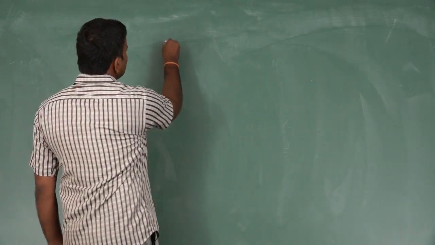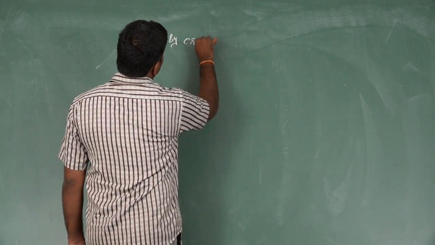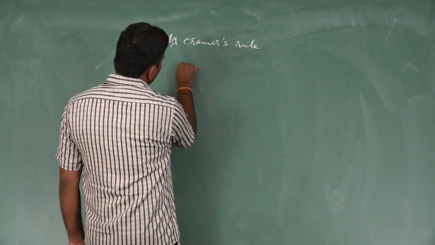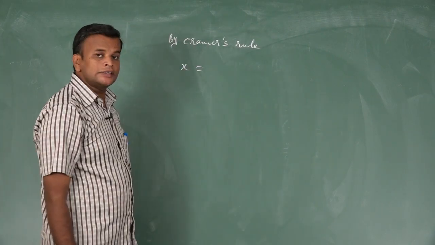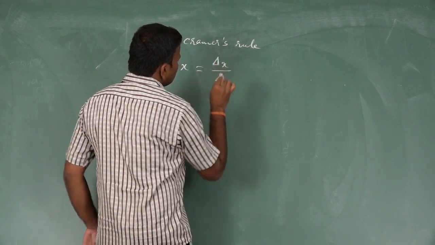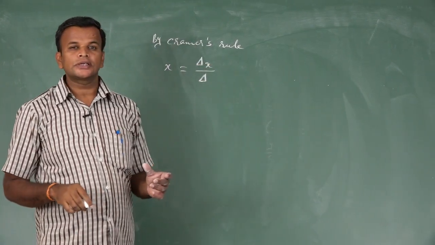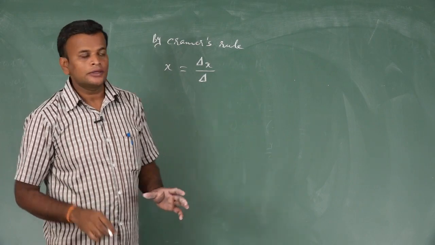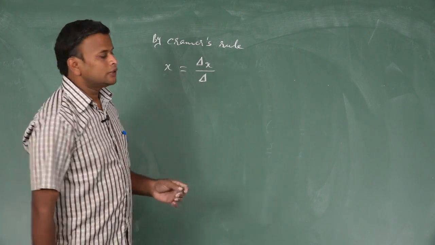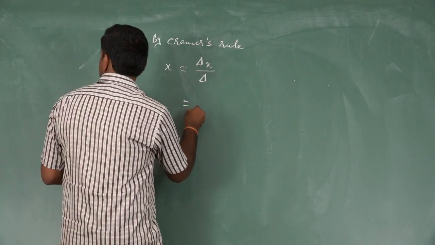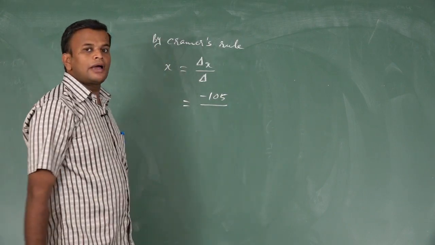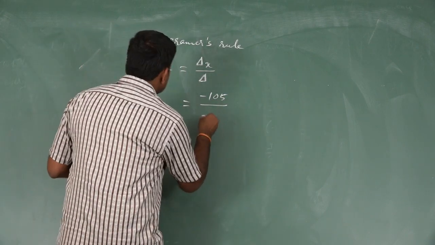By Cramer's rule, the formula to calculate x is del x by del. The value of del x is minus 105, divided by the value of del, minus 5 by 4.